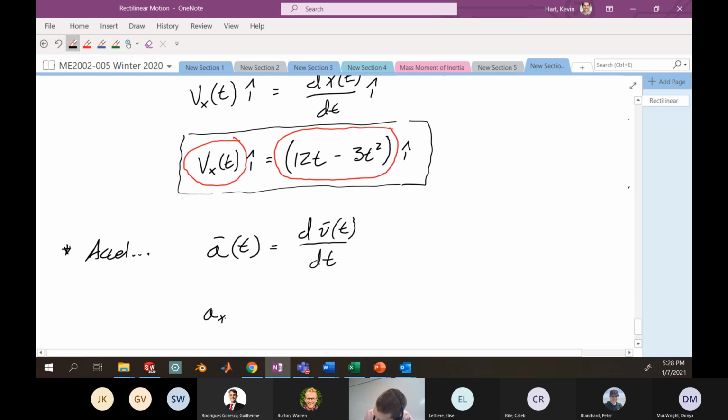Since I know I'm one-dimensional in life and in this problem, my acceleration here is just the derivative of this Vx as a function of t, the magnitude of the velocity in the x direction. So this is dVx of t over dt in the I hat.